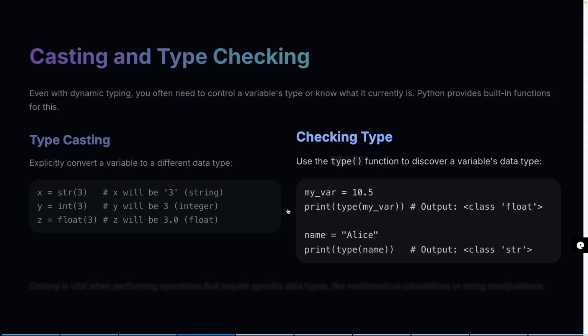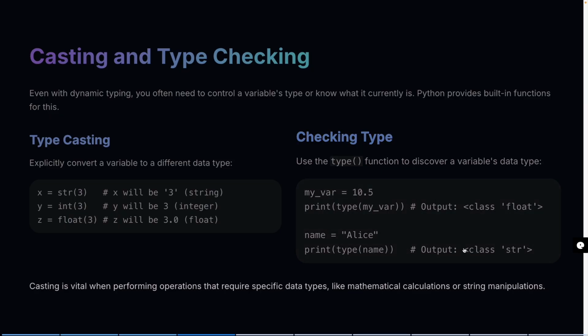So we will get an output of float, because it is a decimal type of value. The same for name is equal to "Alias". This is a string value. We will get the output of string. Casting is vital when performing operations that require a specific data type, like mathematical calculation or string manipulation.